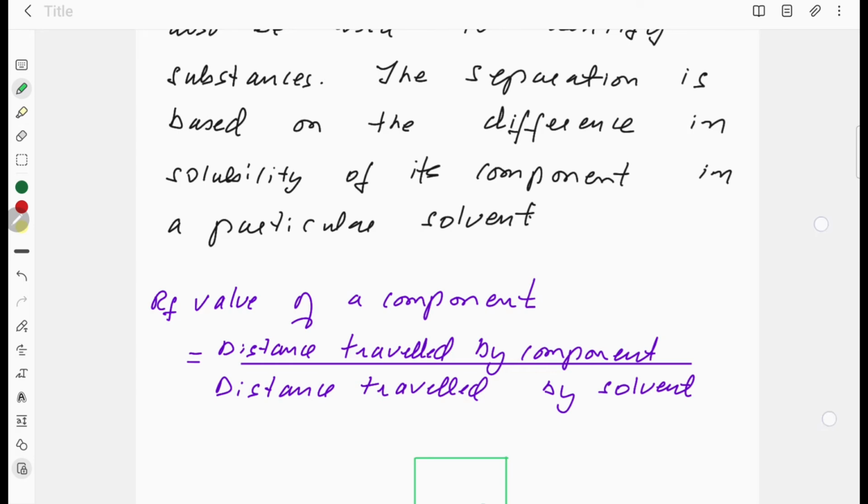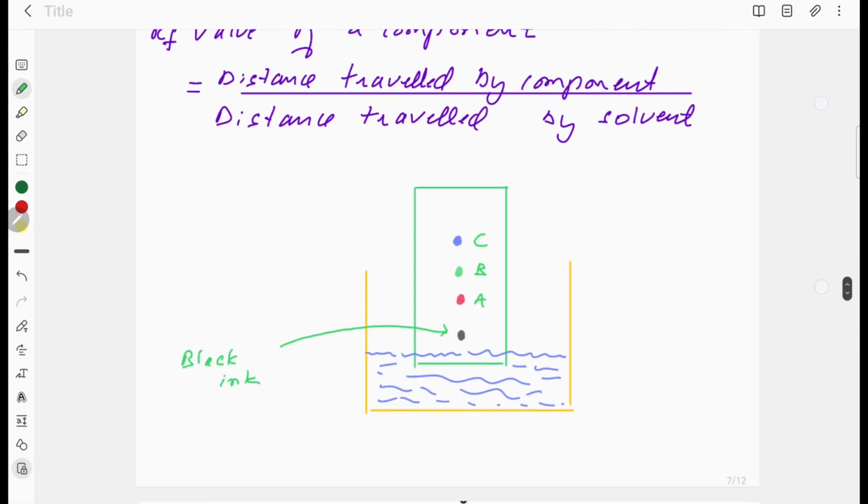Now let me clear a few things first. Chromatography paper is a filter paper. It has pores inside, and I'm using black ink to clear the concept of chromatography.